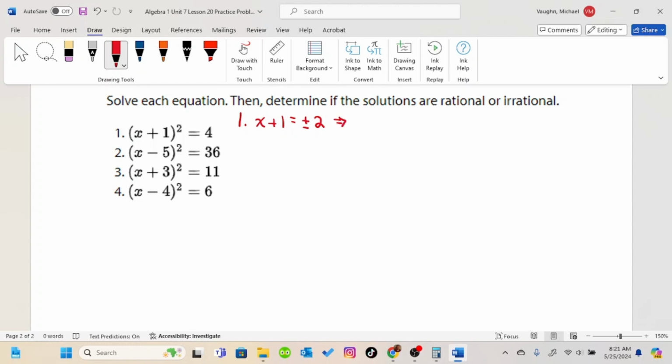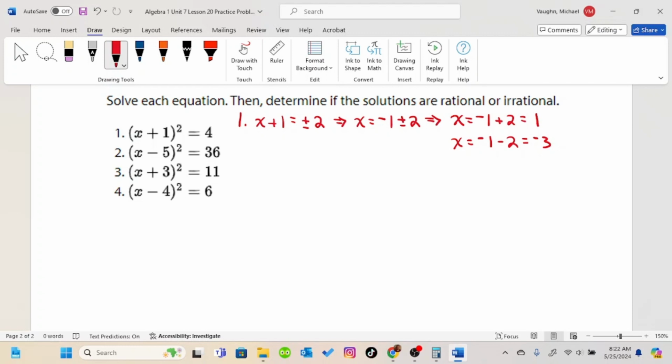You subtract 1 from both sides, and x equals negative 1 plus or minus 2. So if you add, x equals negative 1 plus 2, which equals positive 1. If you subtract, negative 1 minus 2 equals negative 3.